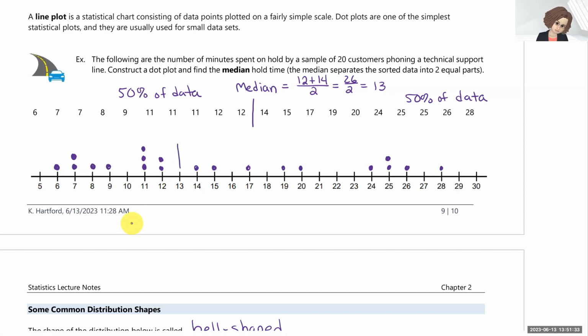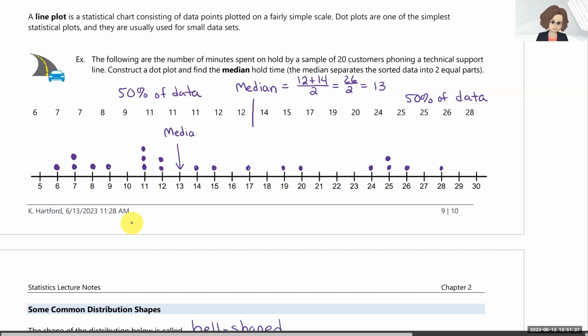So this is our median. So what I'm seeing here as our median is that these 10 numbers are in a smaller range, and then the other 10 numbers are more spread out.